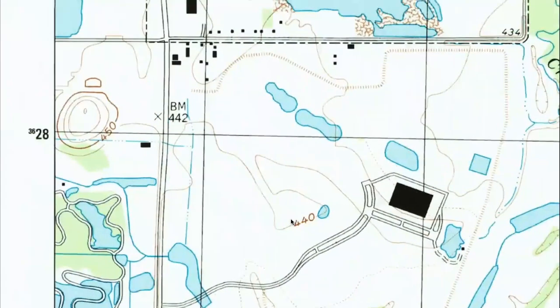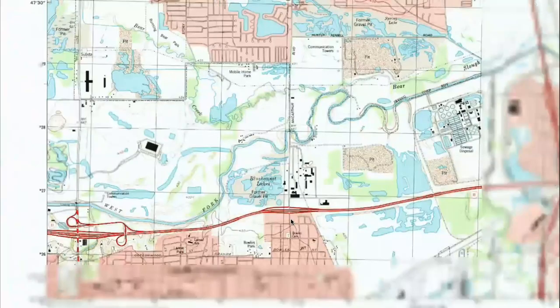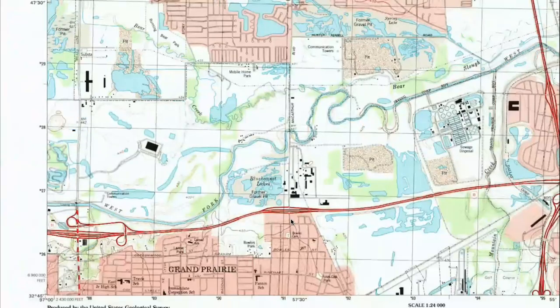There it is right here. If you remember, a benchmark is a specific elevation that they show on the map, but also, if you drive to this location and look on the road or off to the side of the road, you'll actually see a marker in the ground or attached to a tree or a building or something there. So that's the general idea.